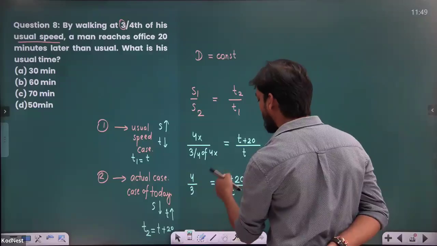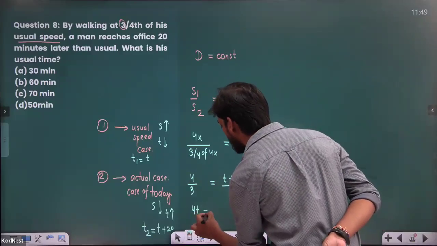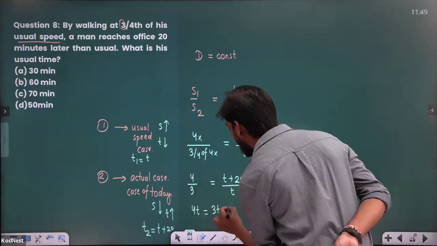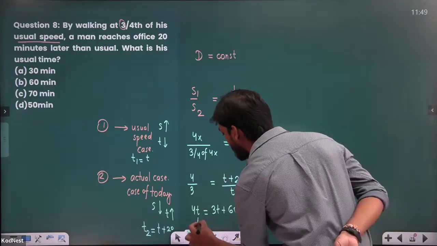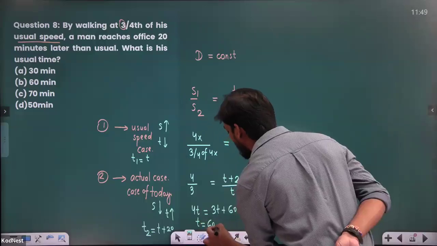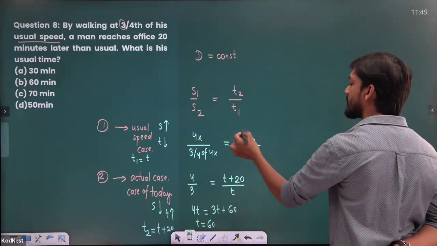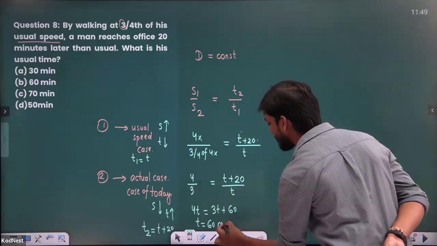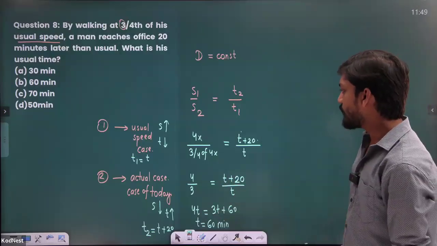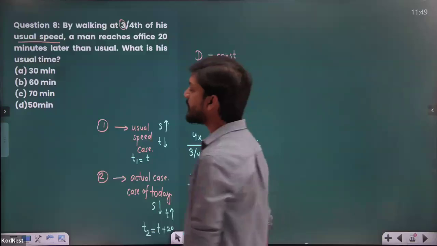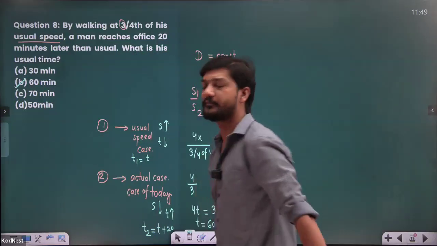So 4t equals 3t plus 3 into 20, which is 60. So t value will come out as 60. But my dear, please remember, this is minutes. So this will also come out in minutes. So what is the usual time? Usual time means t. So usual time is 60 minutes.